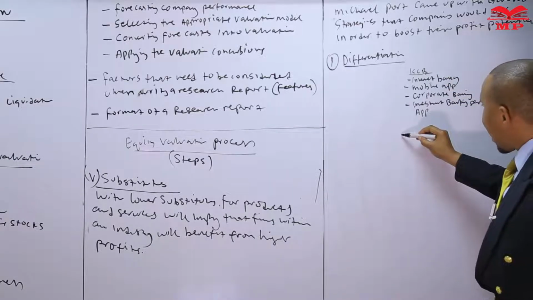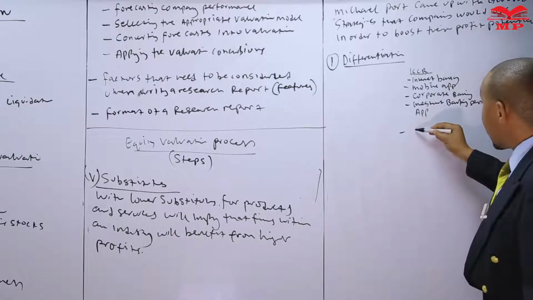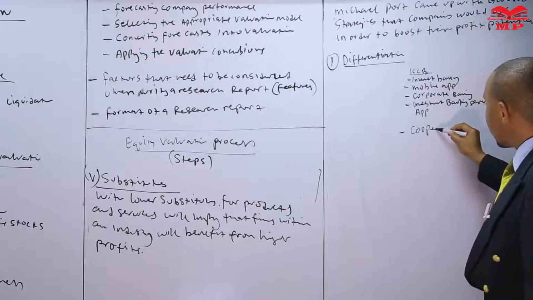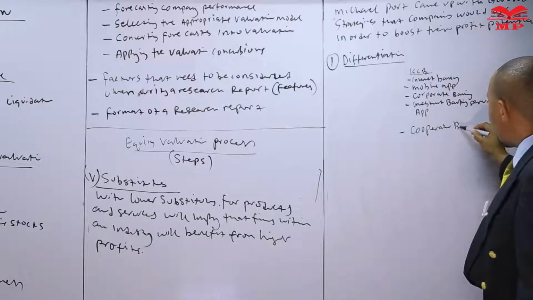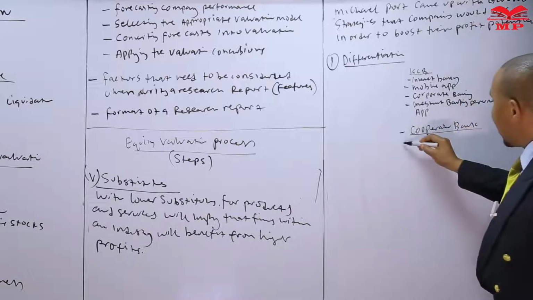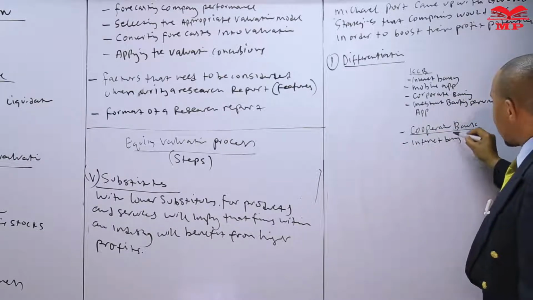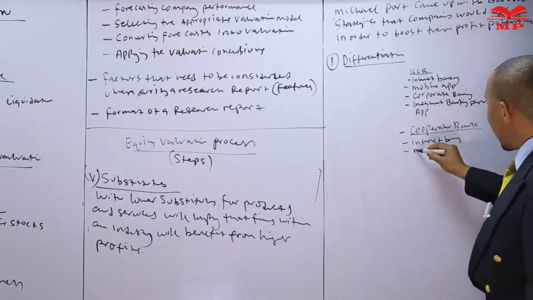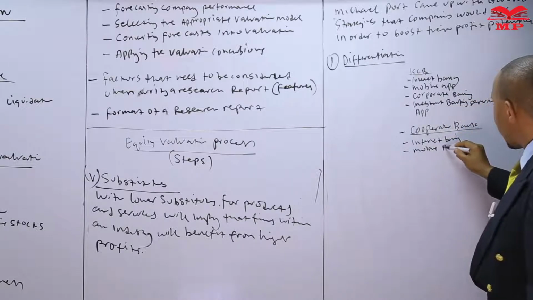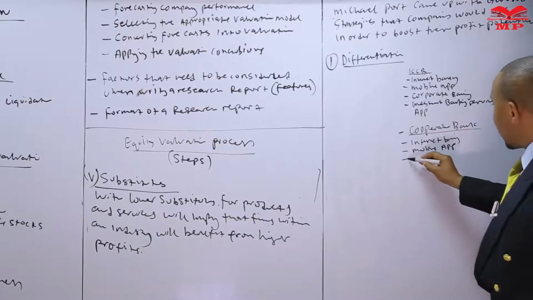If you look at the other players, say a bank like Cooperative Bank, yes, they may have internet banking, a mobile app, and corporate banking.